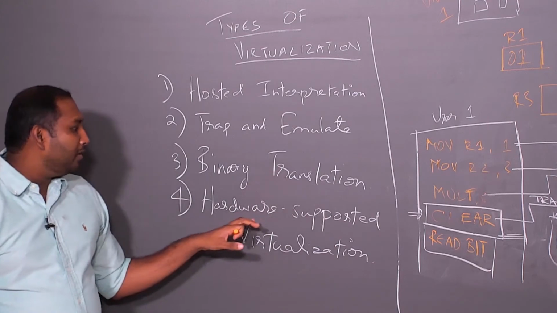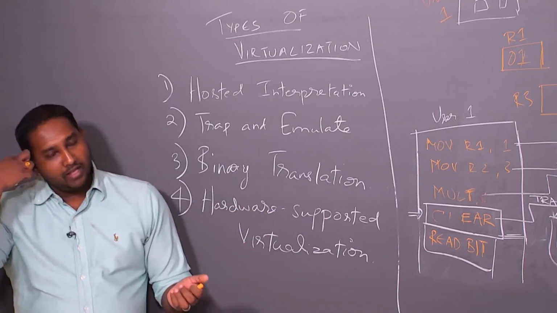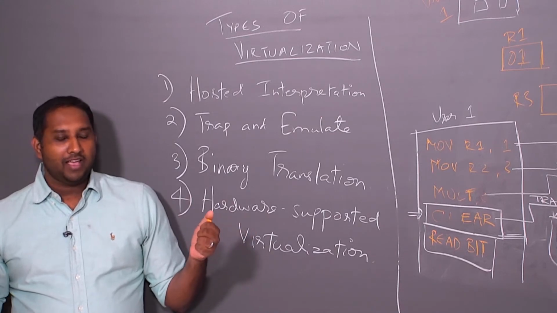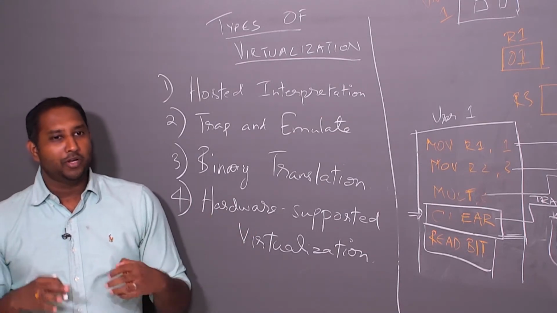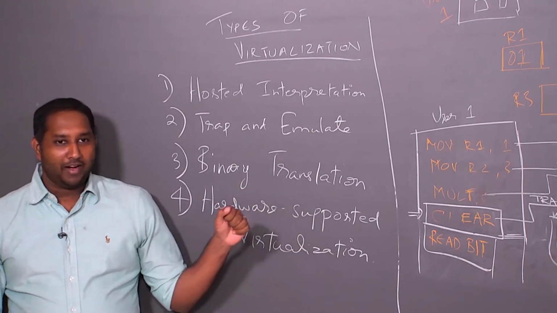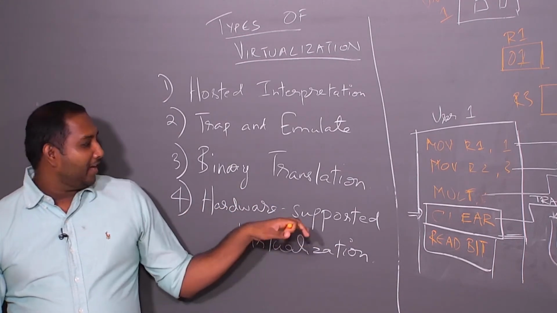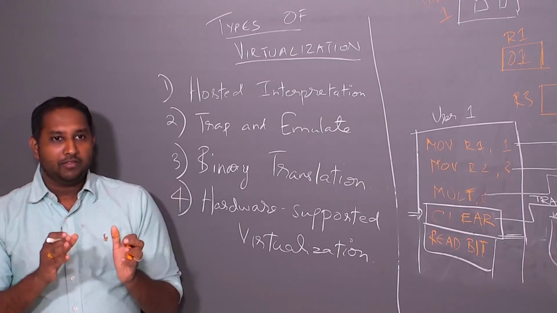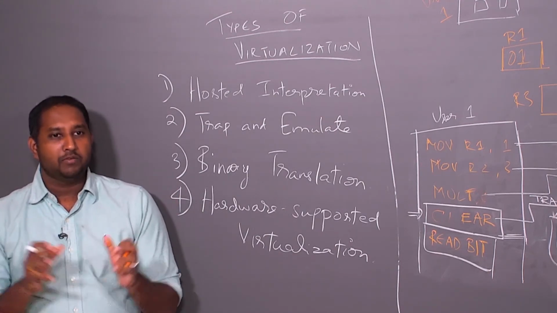And this is around the time when Intel and AMD basically realized that, hey, virtualization is a big market, and if we built virtualization support into our chips, they would sell better. And so we had hardware supported virtualization, where the hardware gives you copies of the hardware state for each virtual machine.